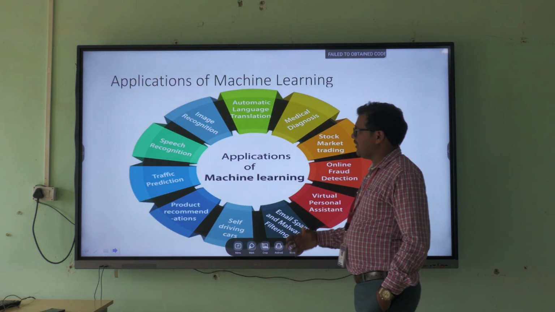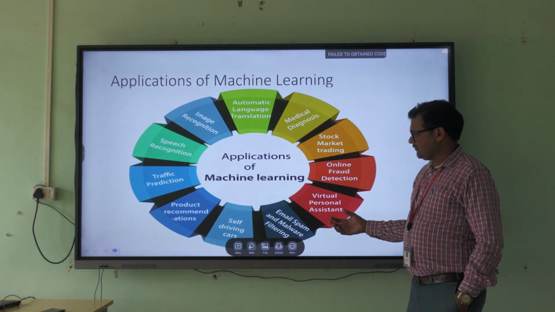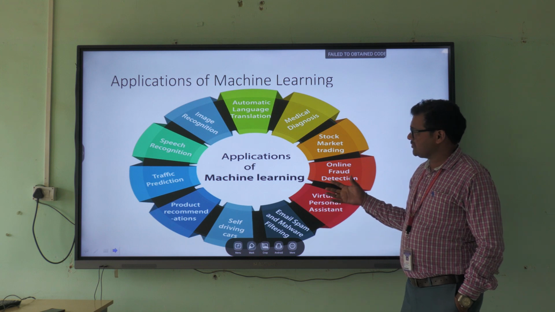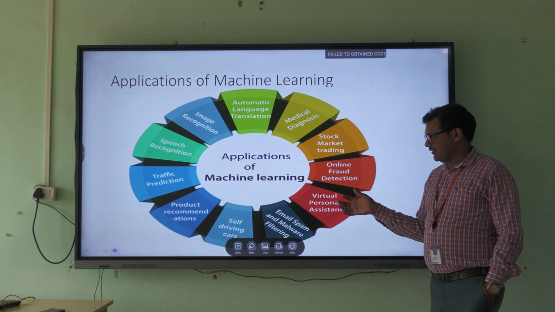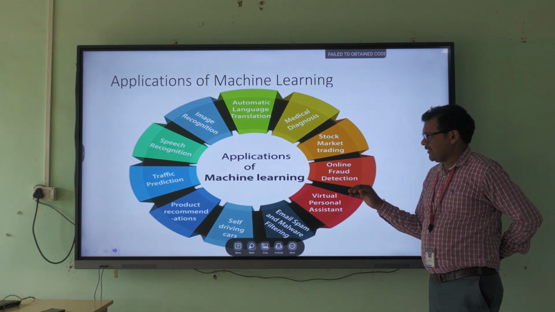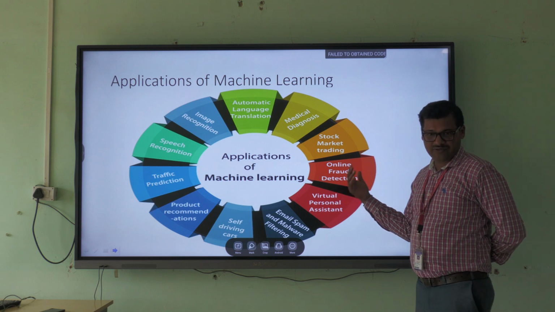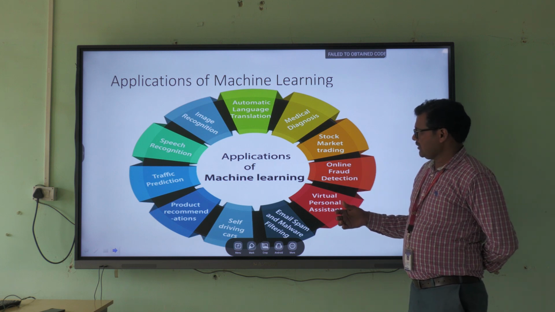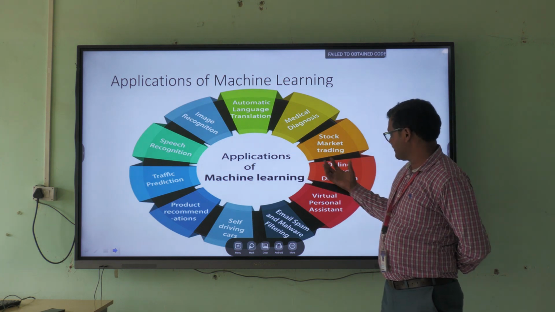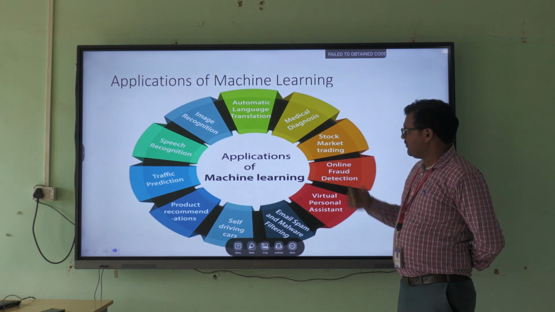Now, these are simple applications. If you look at applications this way, so many things are there in our day-to-day life. Every day we are using some kind of machine learning algorithm. Coming to a simple example, as I said, medical diagnosis.